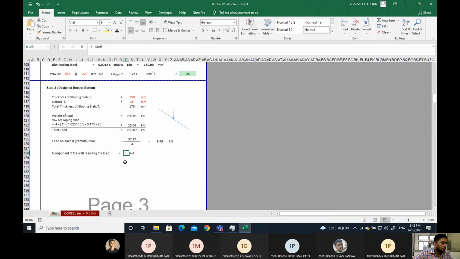So in that case it will be T into 2 pi r. You have to multiply 2 pi r also times sin theta.